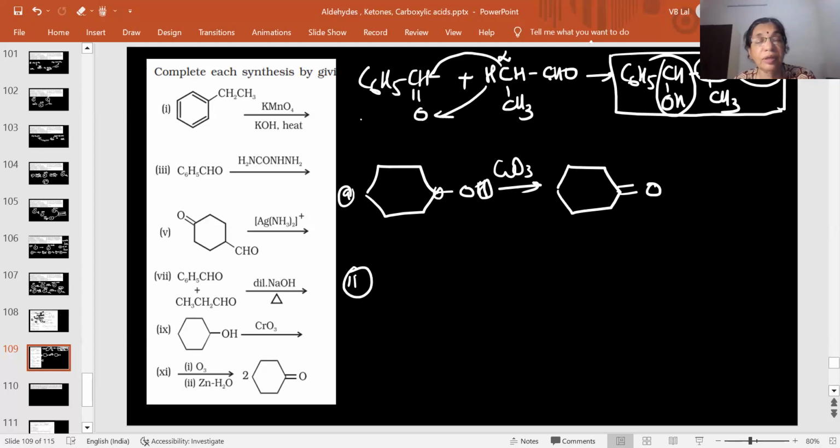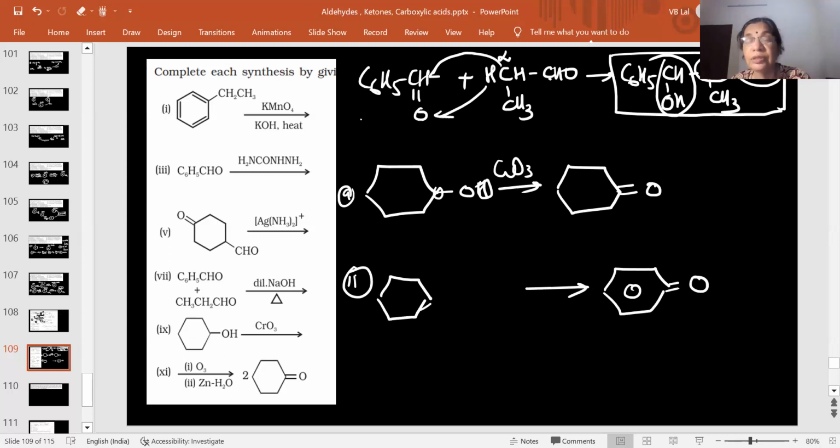What is the 11th one? You are doing which compound? See, look at the 11th one. The question is which compound gives this on ozonolysis? Only this, two molecules of this. Which compound gives this on ozonolysis? So it is easy.